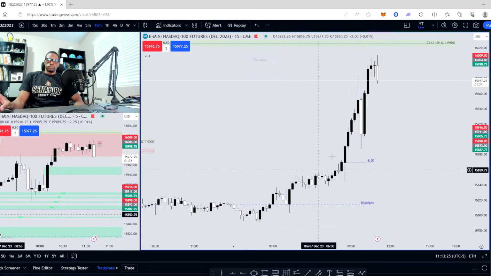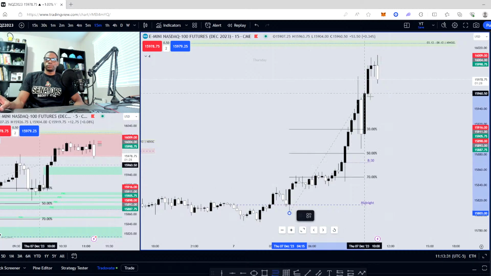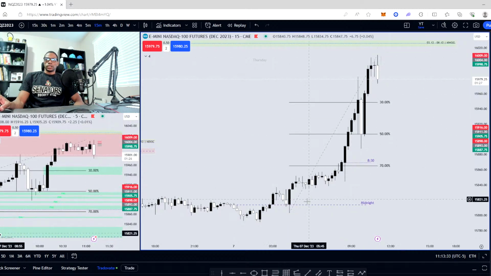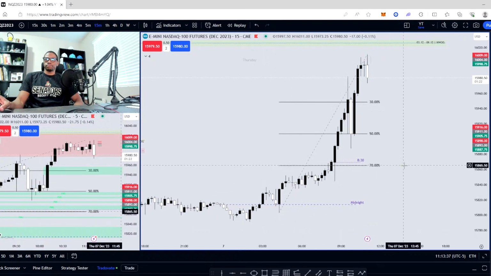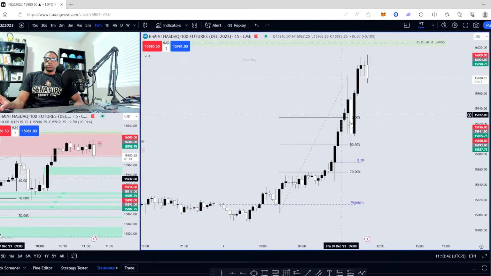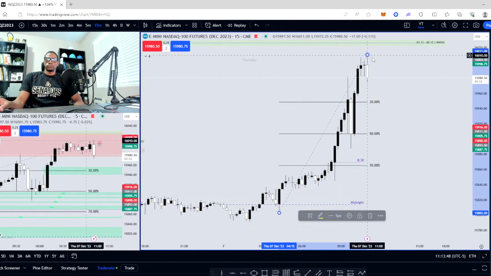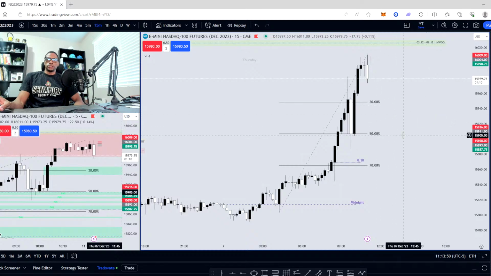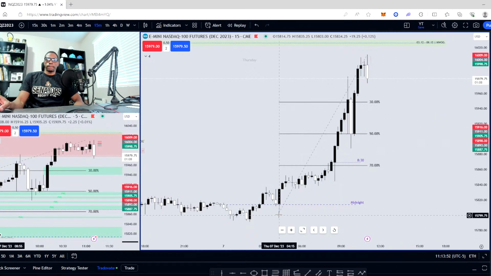So with this big price upswing, price is going to want to reset and retrace a bit. We look at the entire move from wick to wick from 4 o'clock. Earlier we had a retracement to 50%, and then the trend continued. Now let's see how far we retrace back.